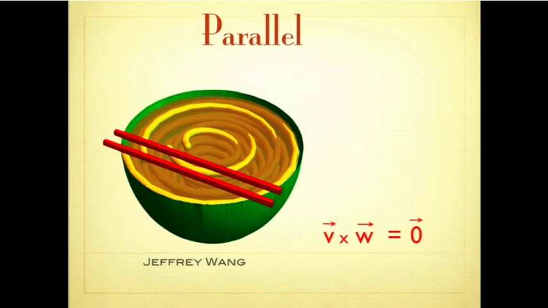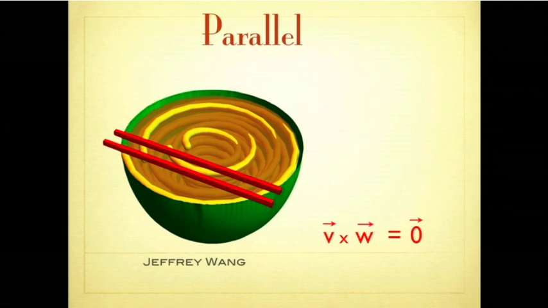And then the cross product is very useful to figure out whether two vectors are parallel. If you take the cross product between two vectors, it's actually equivalent: two vectors are parallel if and only if their cross product is 0. And so the 0 vector is both perpendicular and also parallel to any other vector.